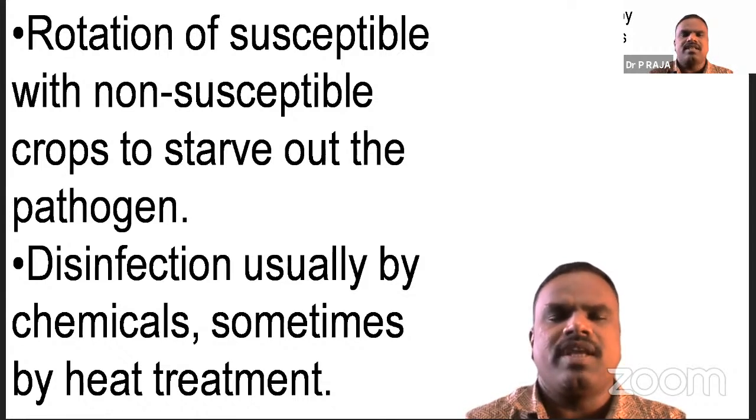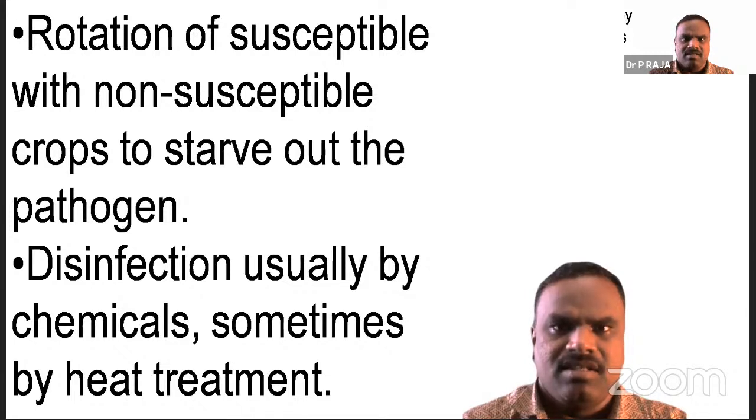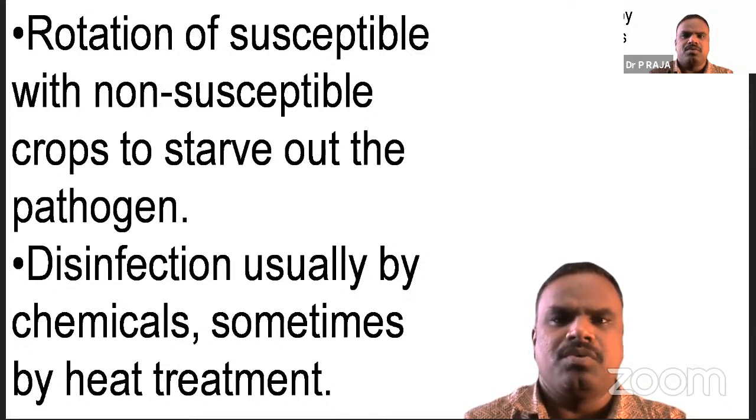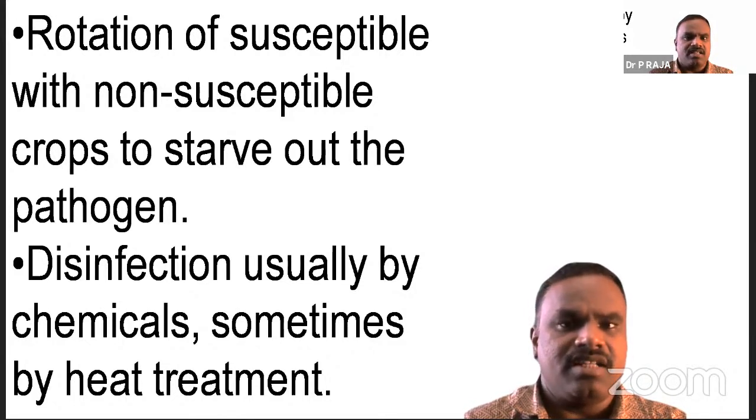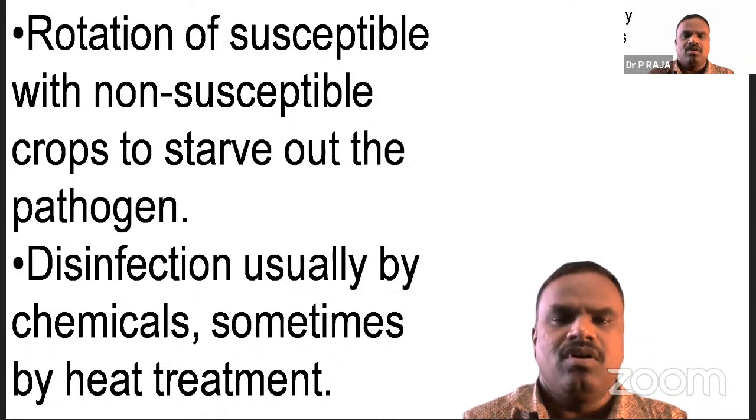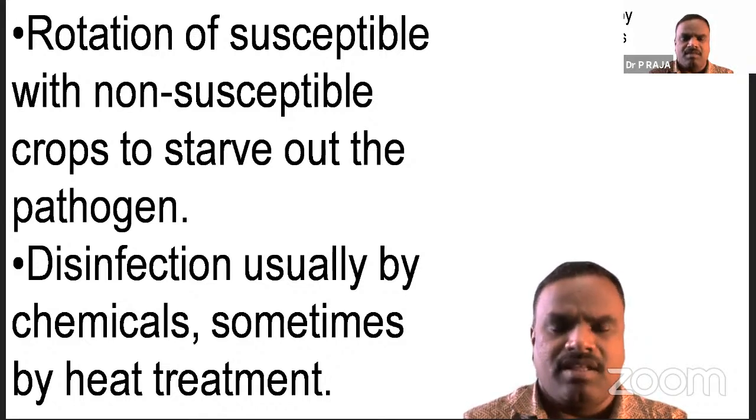Like if you are growing some kind of medicinal plants, say Houttuynia cordata, which is more susceptible to Rhizoctonia solani, then in that particular plot you don't go for Houttuynia cordata cultivation. You have to grow some other medicinal species, and thereby it will eliminate the pathogen.